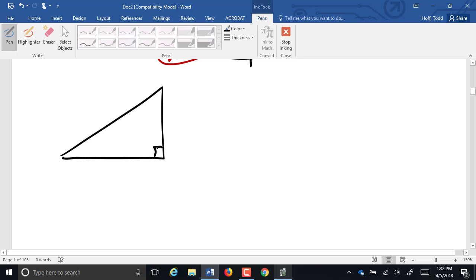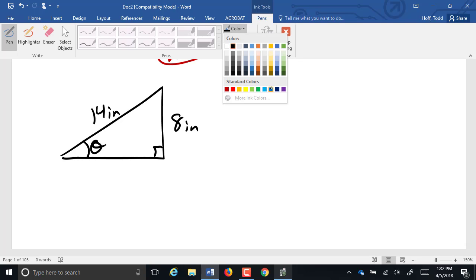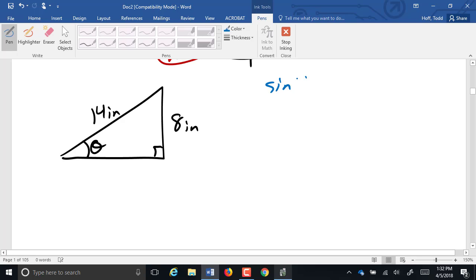Let's say we have a triangle here. This is our angle again. And let's say this over here is 8 inches and this over here is, well, let's call it 14 inches. What we have there is a sine.